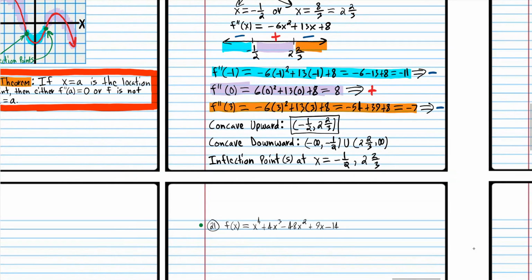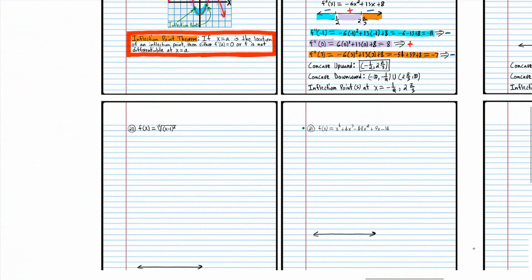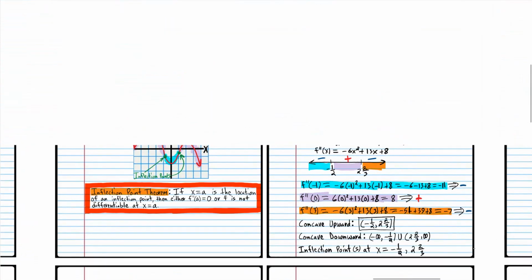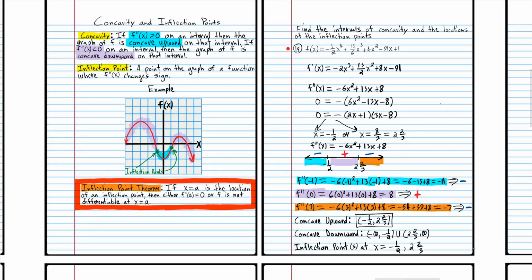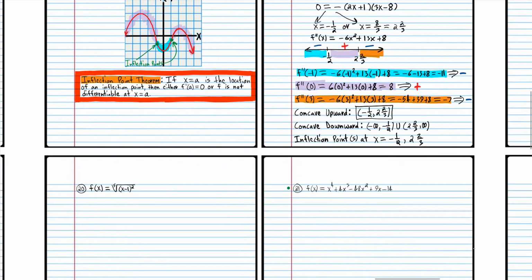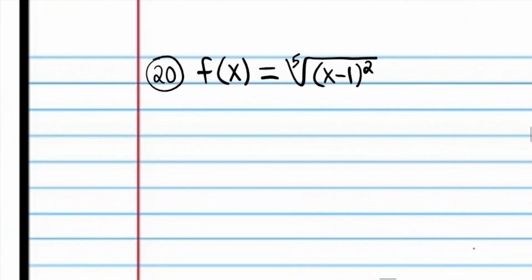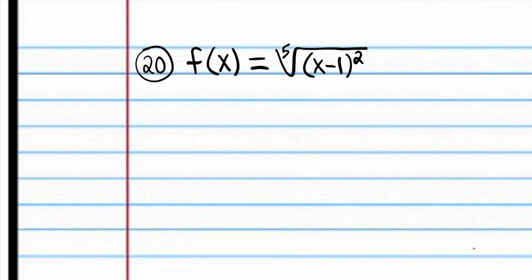So let's try another one of these. You can get a picture of this information if you want. Okay, so we're going to find the intervals of concavity and the locations of the inflection points.